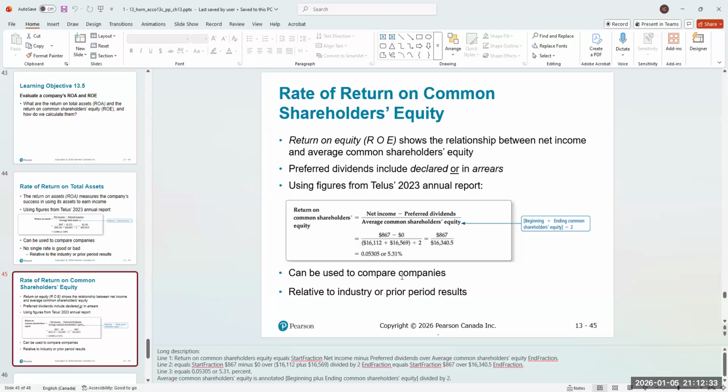Again, it's just a number, but to understand it we have to compare this company with other companies, and then we can make a conclusion. Is this a good ratio or a bad ratio? Is it within the industry or not? How are we doing compared to our competitors and our peers?